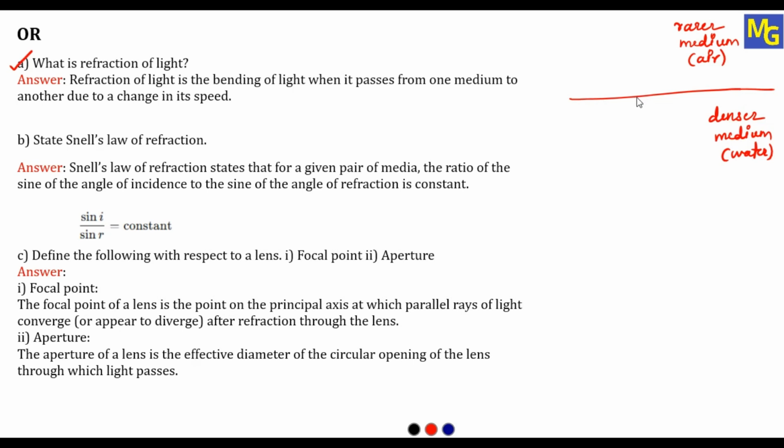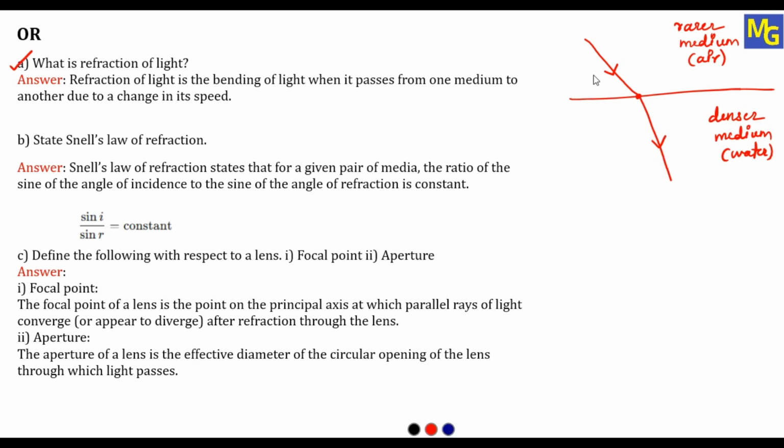Now imagine the light ray strikes at this point. So once the light hits at this point, and when it enters into the other medium, it gets bent like this. You can see the direction of the light changes. This is the incident ray and this is the refracted ray.